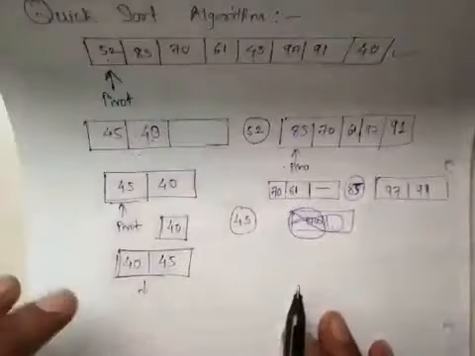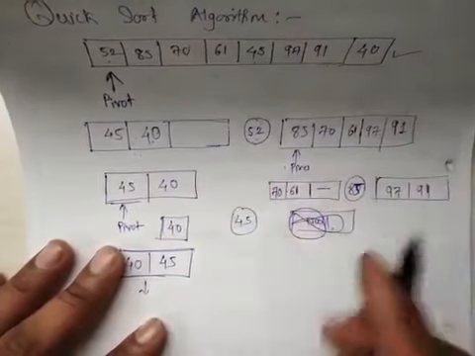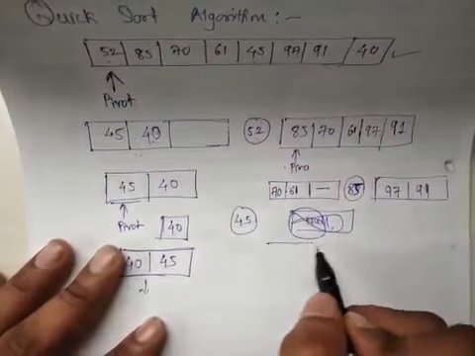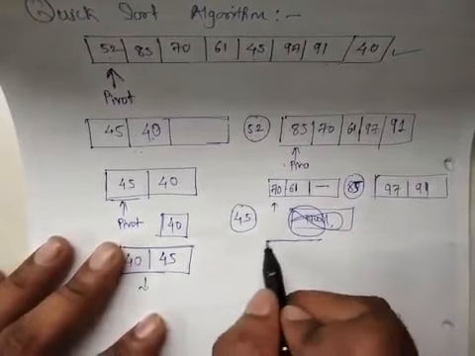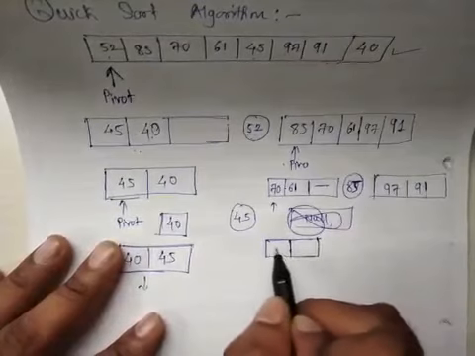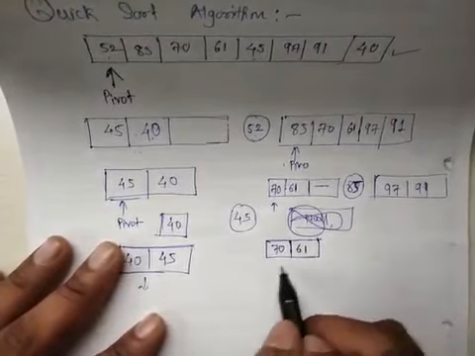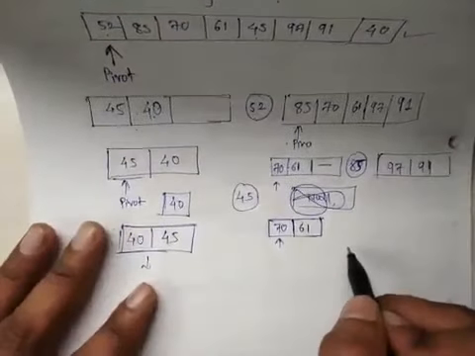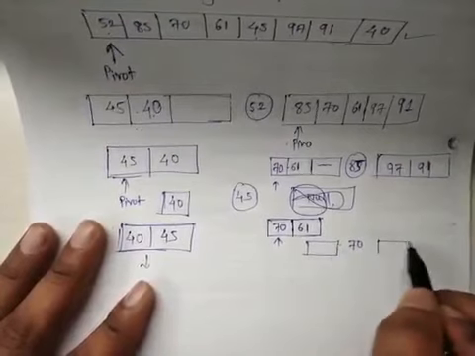Now likewise I am going to consider this first part of this array. So I am just going to consider this array, 70 and 61. 70 becomes the pivot element. So now we are going to divide this into two sub arrays.